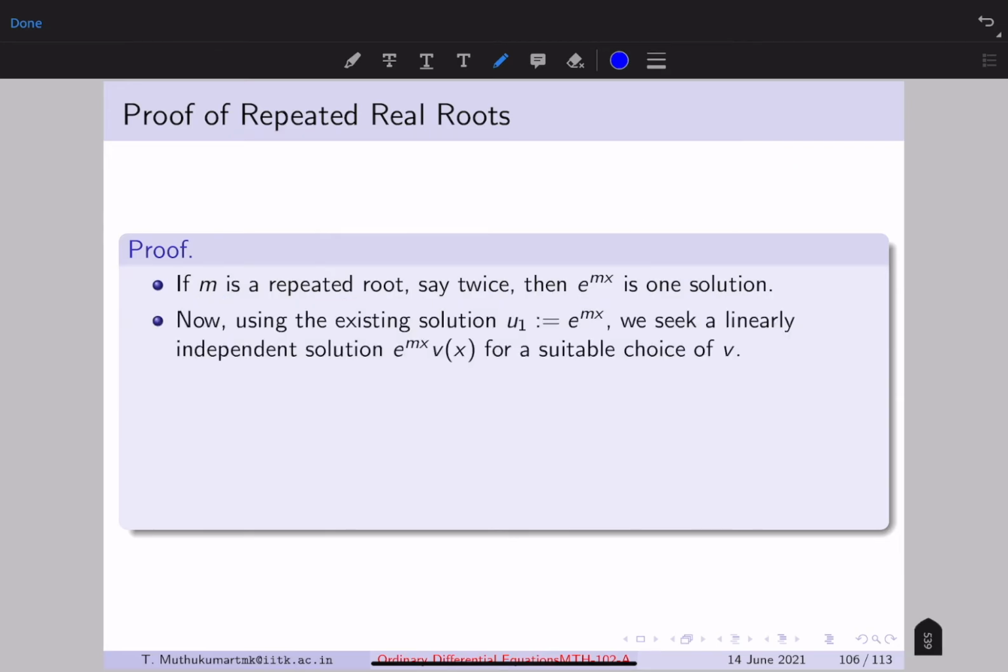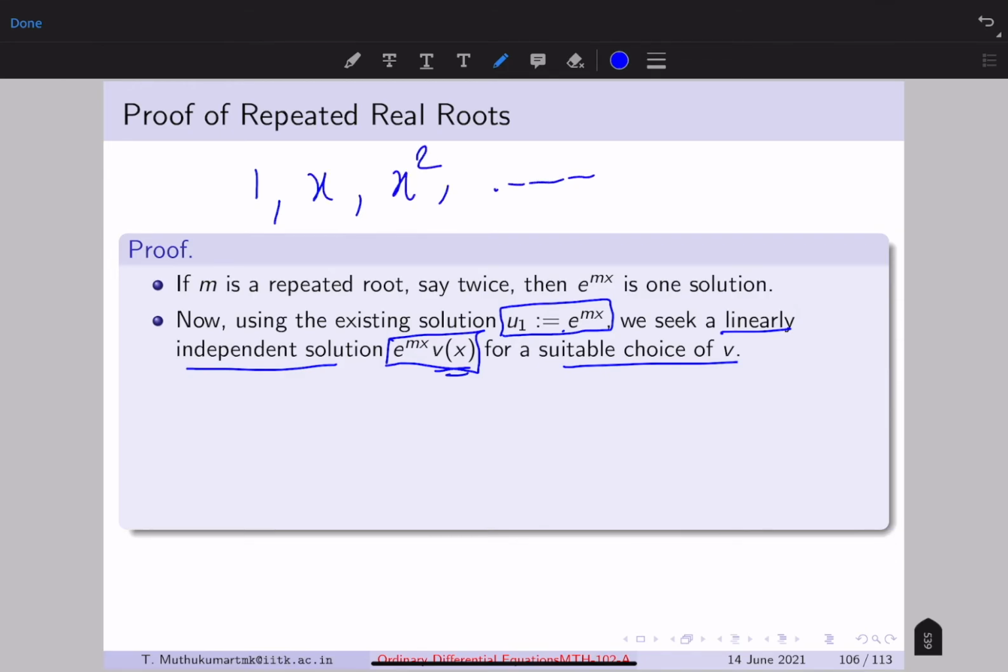So what you do is, you are given e power mx, and you look for a linearly independent function e power mx times v for some suitable v, and that v I have already told you how to choose. Since we see this as 1 times e power mx, a possible linearly independent thing is, I could have x square, I mean these are all linearly independent.